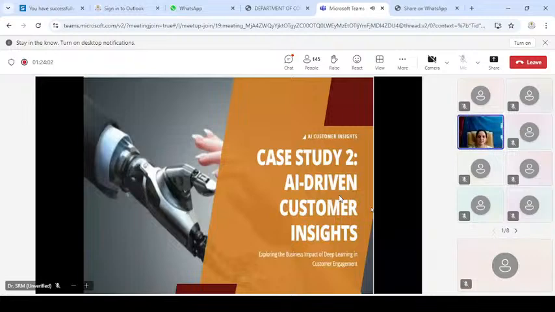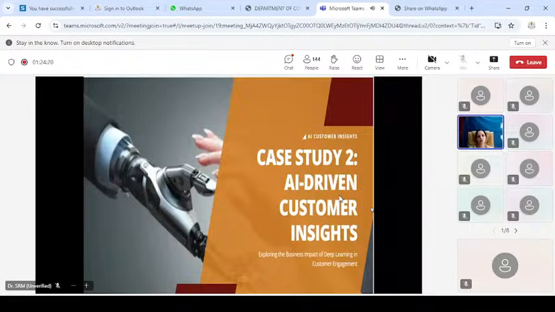Which case shall we consider here? Any brand, any company do you want to suggest? Okay, this reminds me of Netflix. We can aptly consider this.